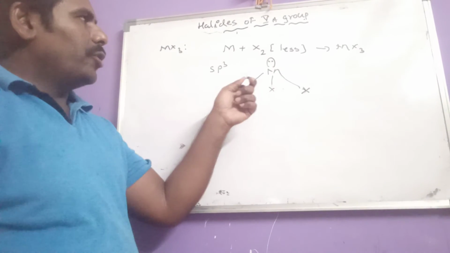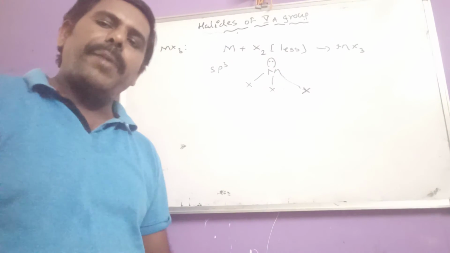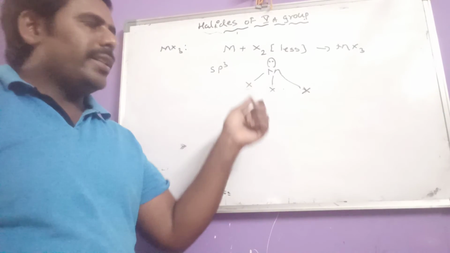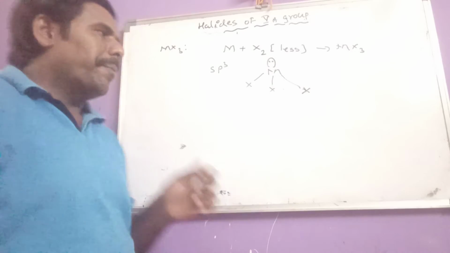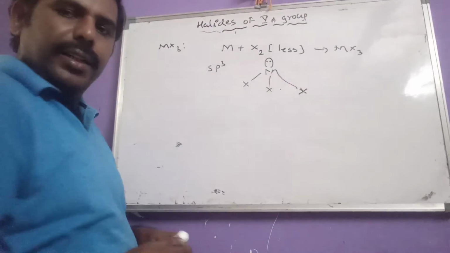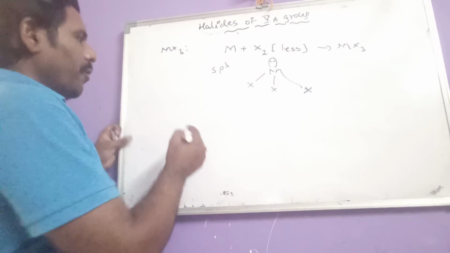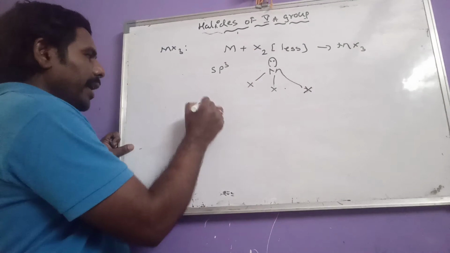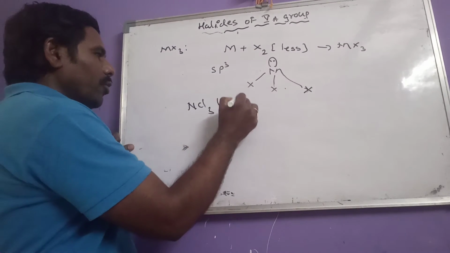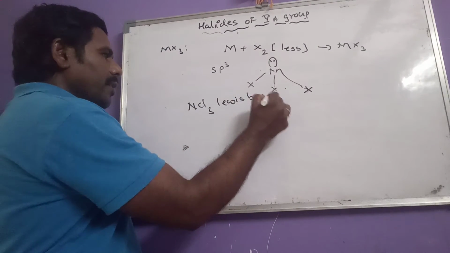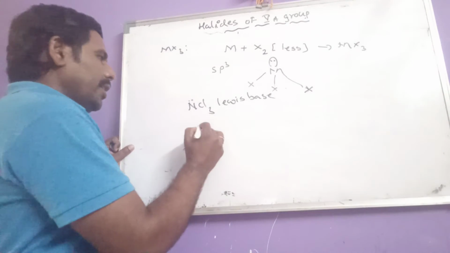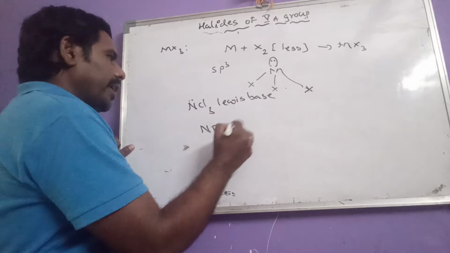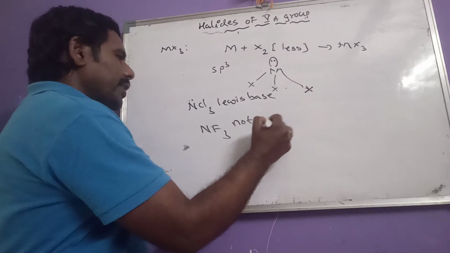Then, due to the presence of a lone pair of electrons, these trihalides act as Lewis bases. But in that, some important things we have to remember. NCl3 acts as a Lewis base because of the presence of a lone pair of electrons, but NF3 is not a Lewis base.